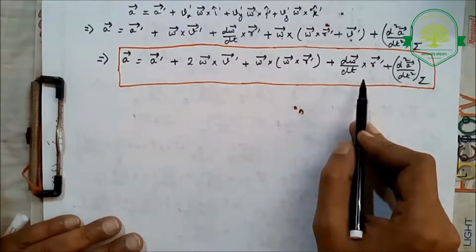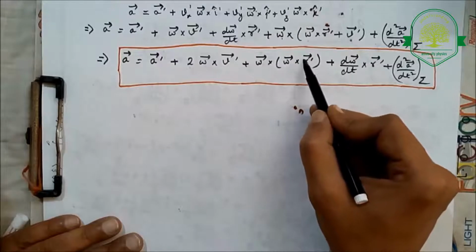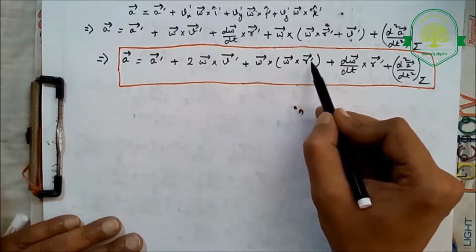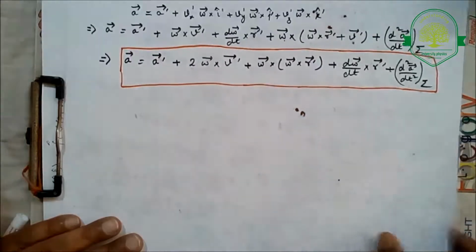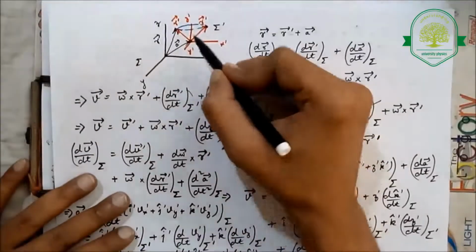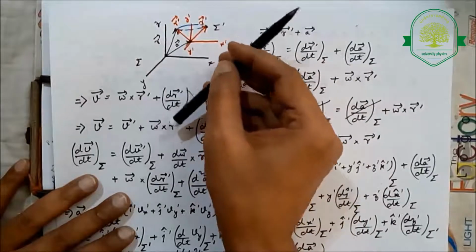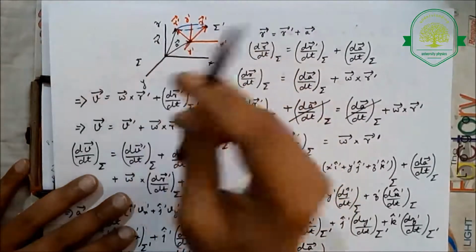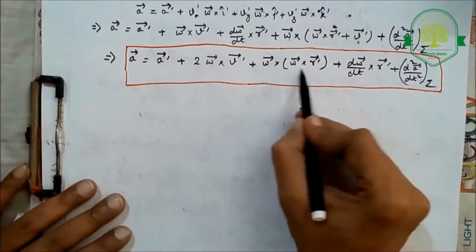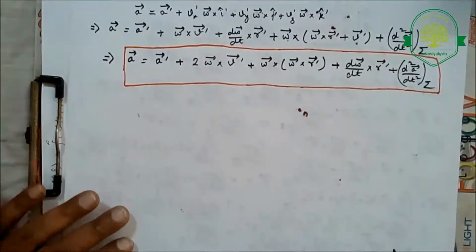Only in the previous derivation we had got r here as far as I can remember, but that is only natural. In this case, my position vector r prime is rotating around the z primed axis, so it makes sense to have r primed in my centrifugal acceleration term.